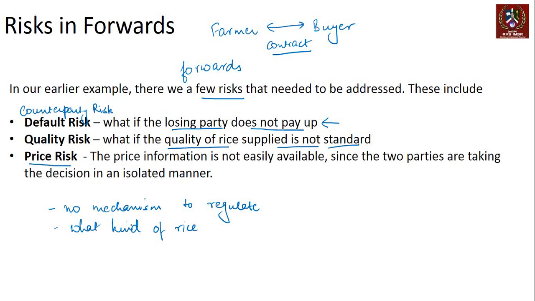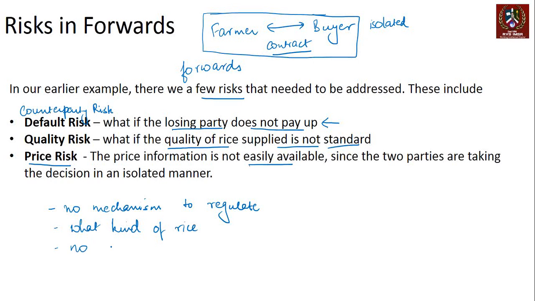Now, what is price risk is essentially this information is not easily available since these two parties are essentially trading in an isolated manner, right? So these are isolated. There is no mechanism whereby the farmer and the buyer have access to information of what is the price of rice in another market, right?